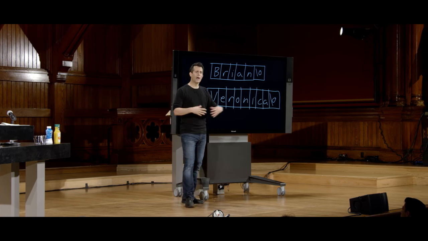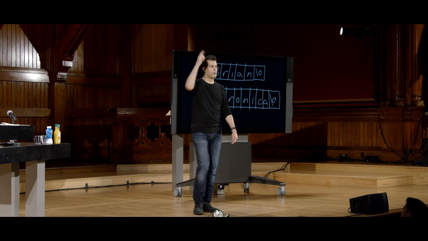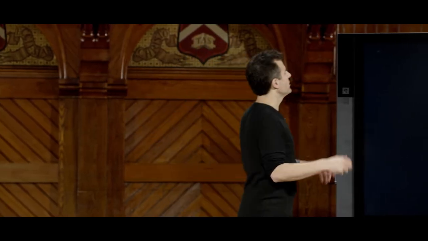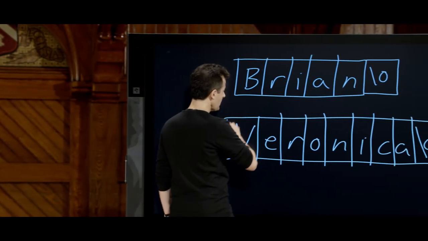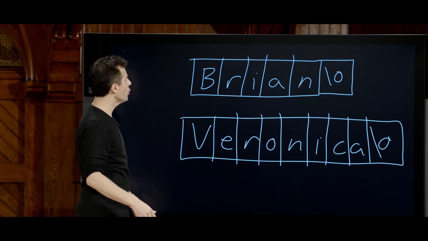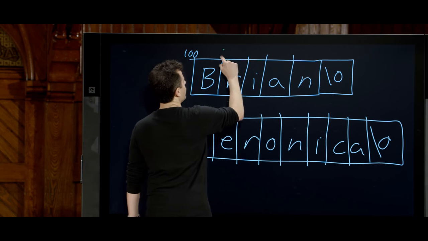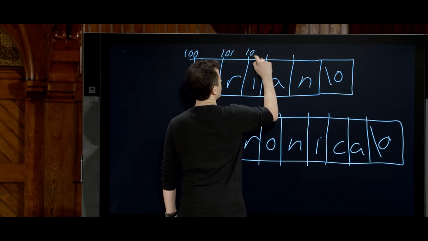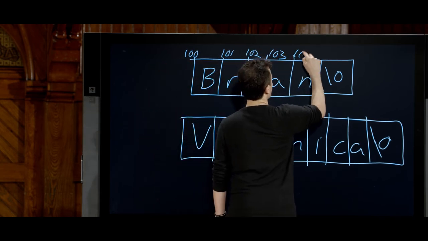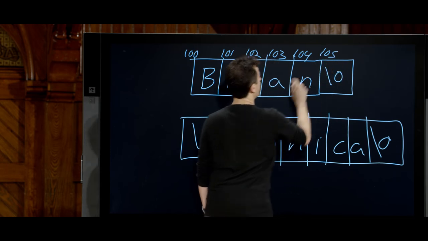And so honestly, if you have that many things, any human or computer can certainly number them. Like this is byte 1, 2, 3, 4. So let's just assume for the sake of discussion that Brian just ended up at location 100 and location 101 and 102, 103, 104, 105.